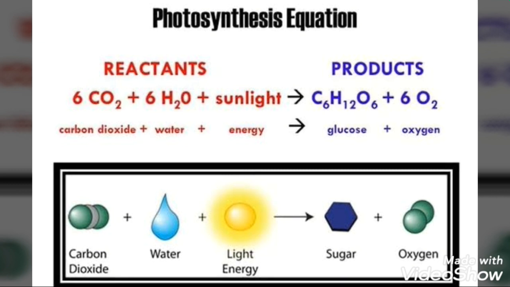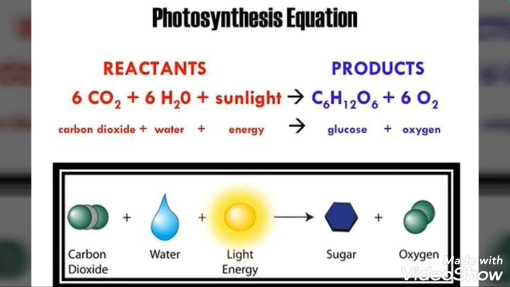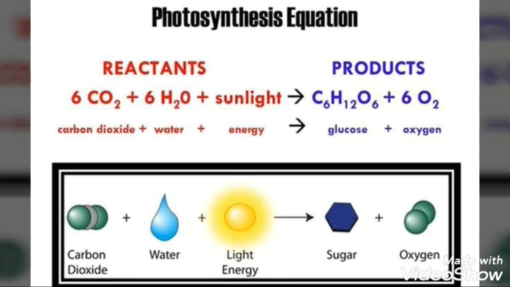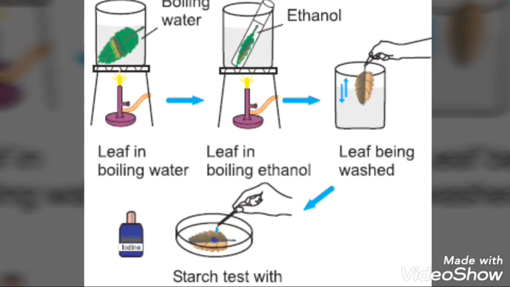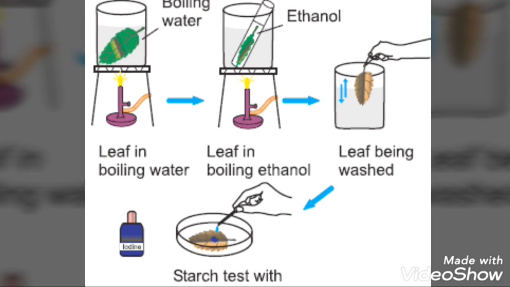Then let us check the test whether the leaves contain starch, which is the product of photosynthesis. For that, we have to select a green leaf from a potted plant which was kept in the dark for a night, so that the leaf will be free from the previous day's starch.